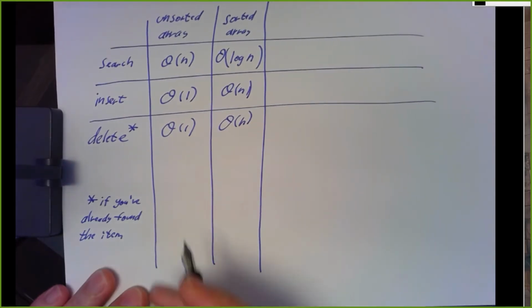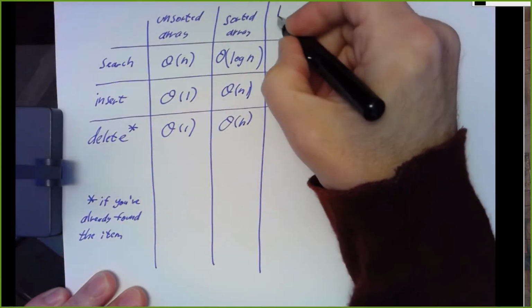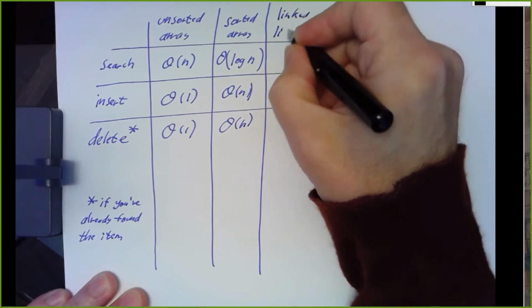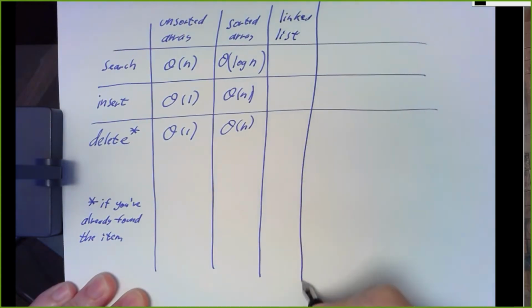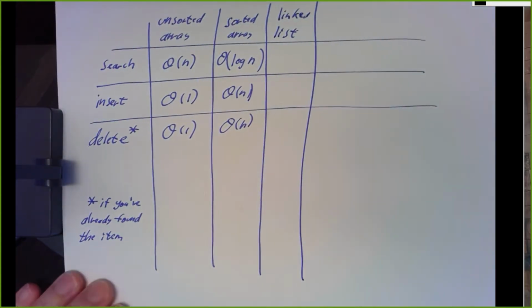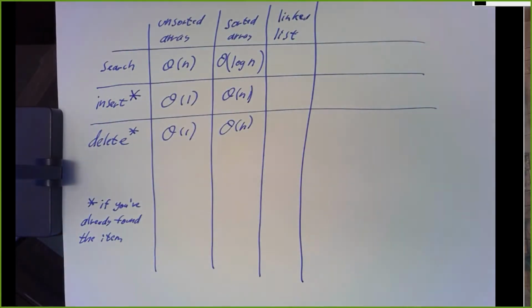All right, so we wanted to do something about the slow insert and delete, and so we've been talking about linked lists. If we know where we want to do our insert, how long does it take to insert a new node into a linked list, assuming we're already at the place where we want to insert it?